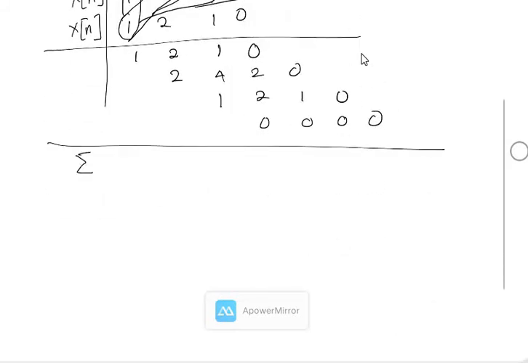When you sum up, you get 1, 4, 6, 4, 1, 0, 0. So your Sn equals 1, 4, 6, 4, 1, 0, 0.